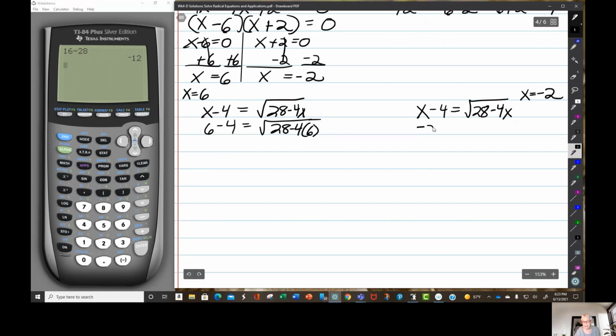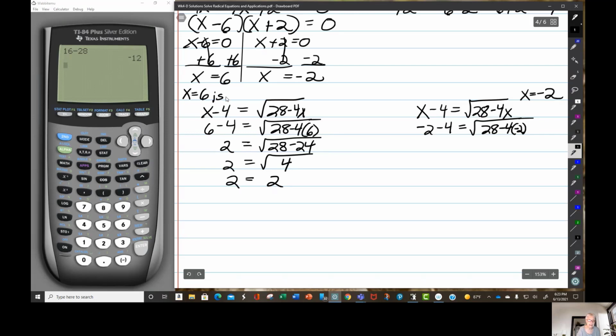And over here, -2 minus 4 equals the square root of 28 minus 4 times -2. Come over here, 6 minus 4 is 2, equals the square root of 28 minus 24. So 2 equals the square root of 4, and the square root of 4 is 2. So that means that 6 is a solution.